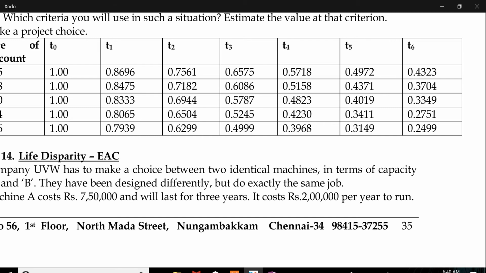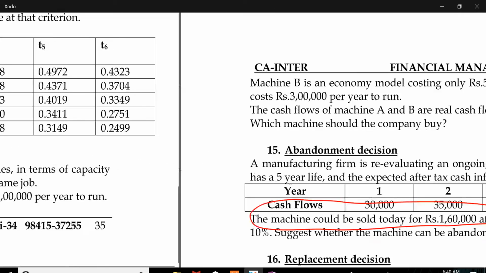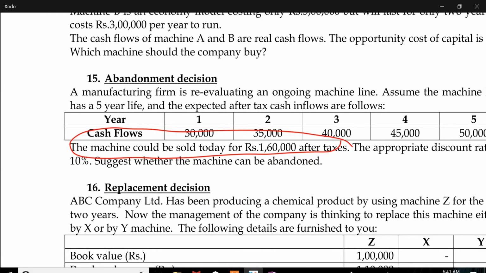Next point. Life of the two projects is different, and hence we will have to compute EAC.